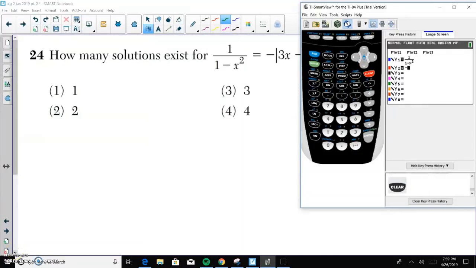To get absolute value, you're going to do math, number, and then choice 1, apps. So negative absolute value of 3x minus 2, click out of that, and then plus 5. Alright, so now graph it, and we're going to see how many times they intersect.